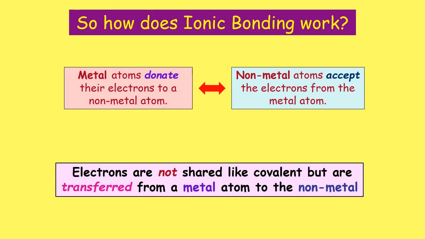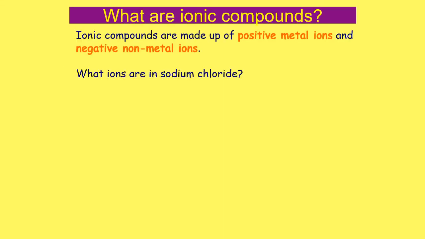Now, the electrons are not shared, they are transferred. So an electron moves from a metal to a non-metal. There's no overlap of the electron shells. The two atoms are completely separate, but the electron essentially has jumped from the metal to the non-metal.